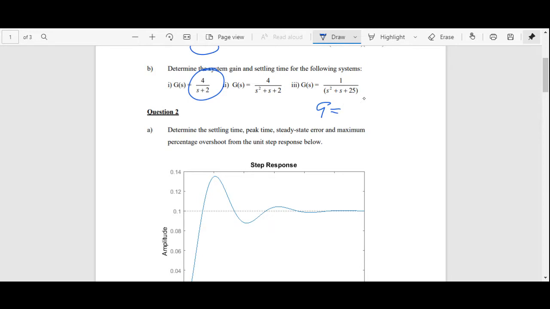Can somebody remind me of that? Okay. System gain over tau S plus 1, right? General expression for the first order. And you also need to remember the general expression for the second order, all right?